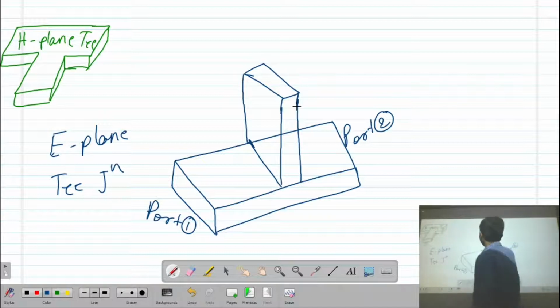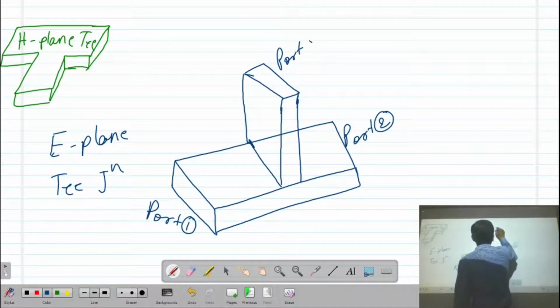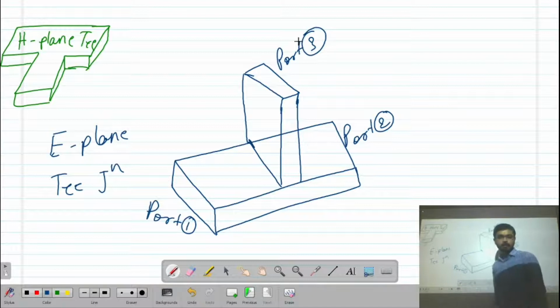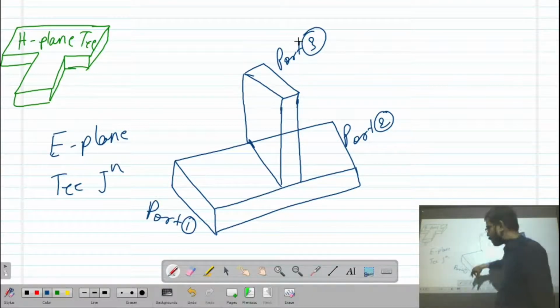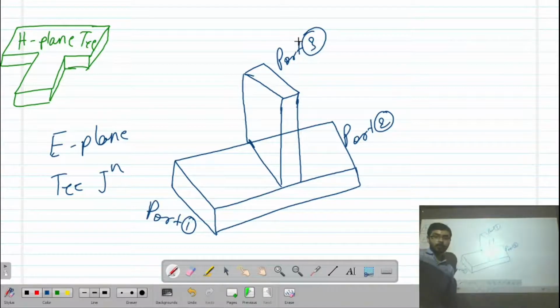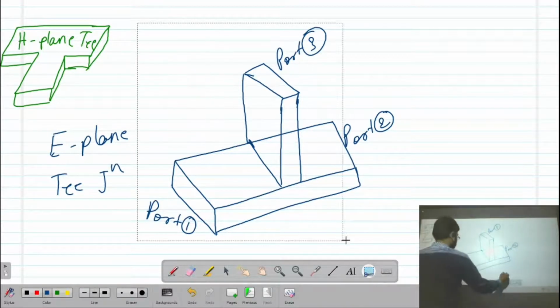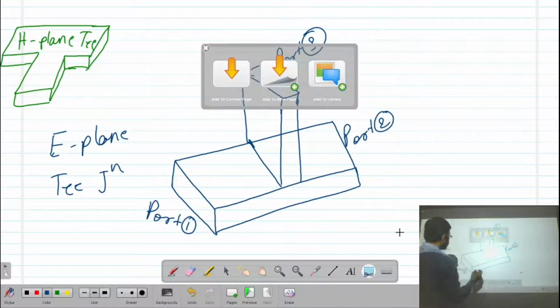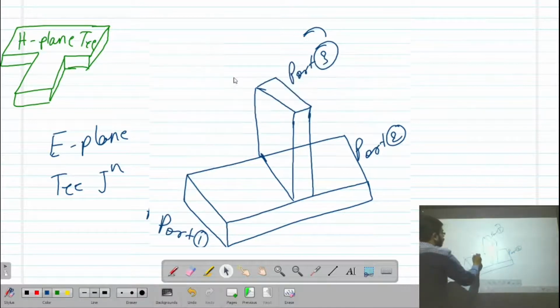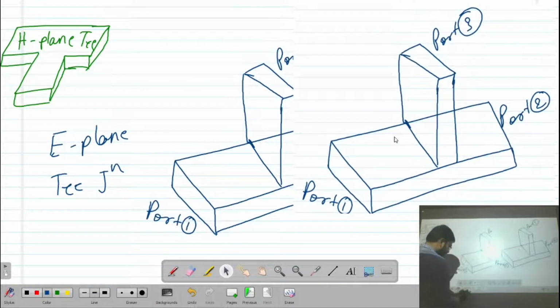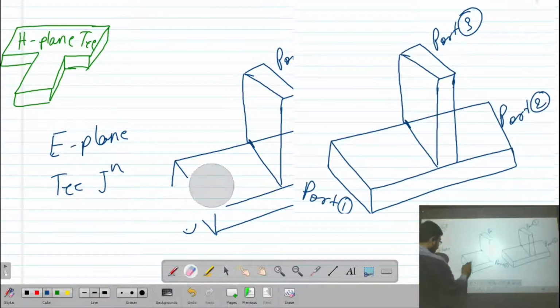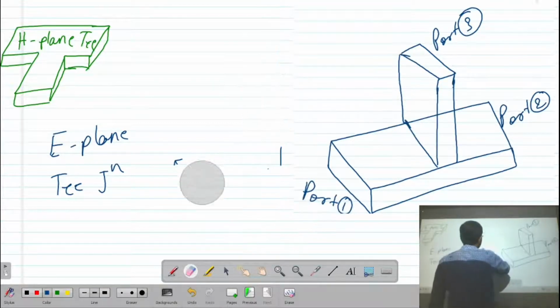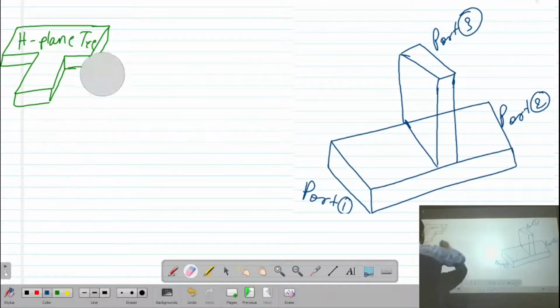So this is port 3. We can assume port 3 as an input port, port 1 and port 2 are output ports, right? Now again, let me take this to one of the side on screen, and let me rub everything to go ahead.